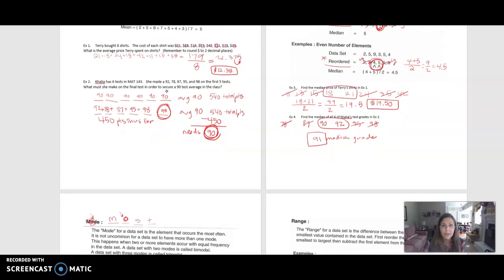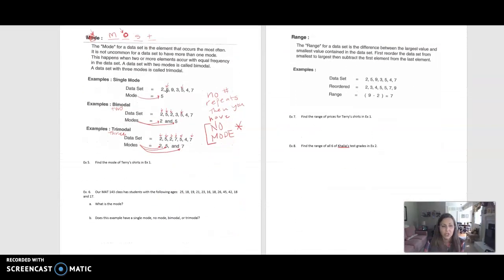We have no repeated numbers in Terry's shirts. Well, therefore, if you have no repeated numbers, then you have no mode. There was no price that was most common in Terry's purchases. So the answer here is no mode. Don't leave it blank, okay?